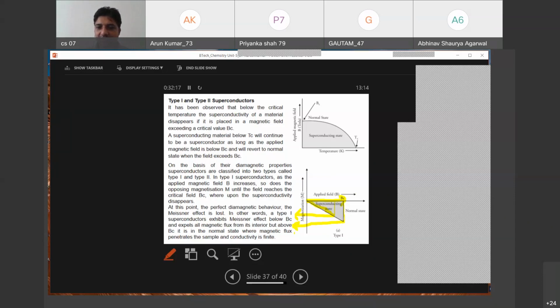Within this area the superconductor material is in the superconducting state. If you further increase the applied magnetic field, the superconducting state immediately changes into the normal metal state.